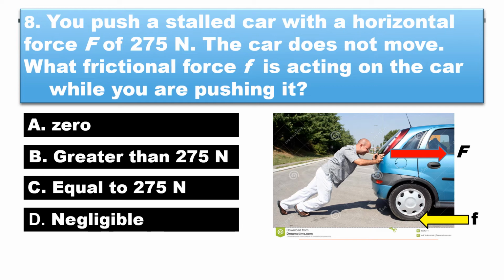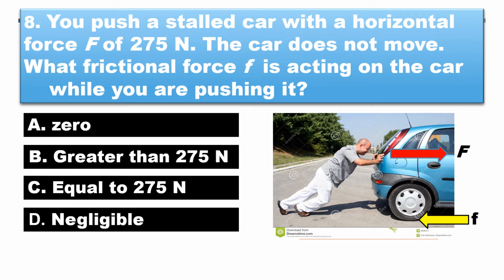The other condition specified here is that the car does not move. So, in spite of the fact that there is an applied force of 275 newtons exerted by the man trying to push the stalled vehicle, there is no motion as far as the car is concerned. So, what do you think is the frictional force acting on the car while you are doing the pushing?